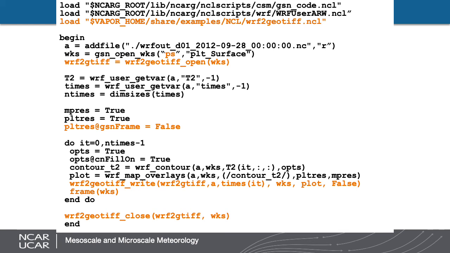You need to use this function WRF2geotiff_open. You need to set GSN frame to false, and then you need to write to your geotiff file, and this is important, frame WKS at the end. And then you need to specifically close your geotiff workstation before your script is finished to properly write out that file.